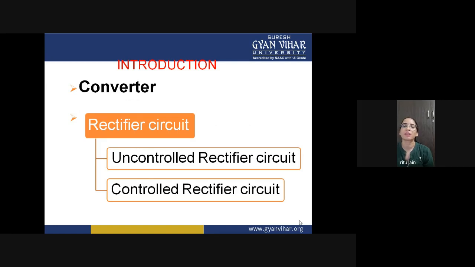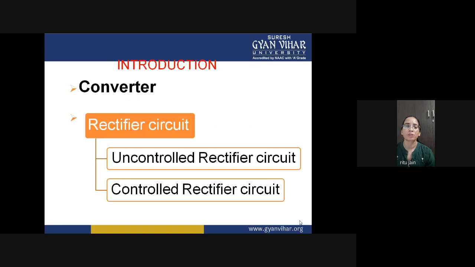It doesn't mean that you are giving some input and not getting output, or getting any kind of output. Uncontrolled means that you are using a diode, which is also a semiconductor device, but you can't control its output voltage.